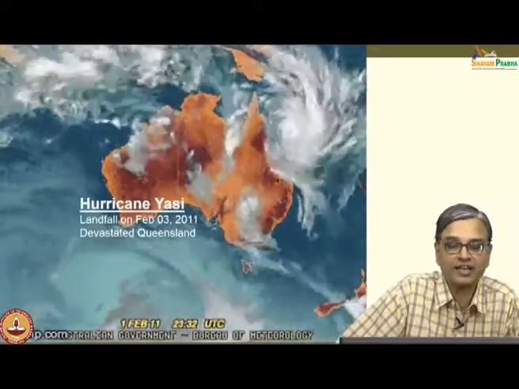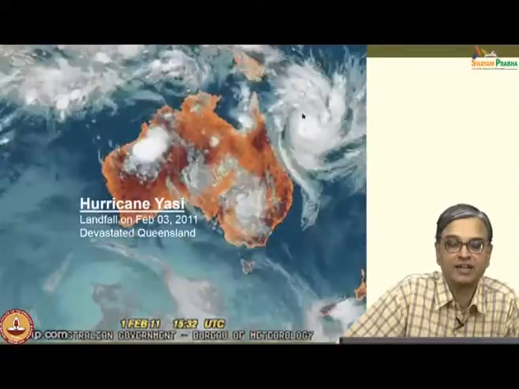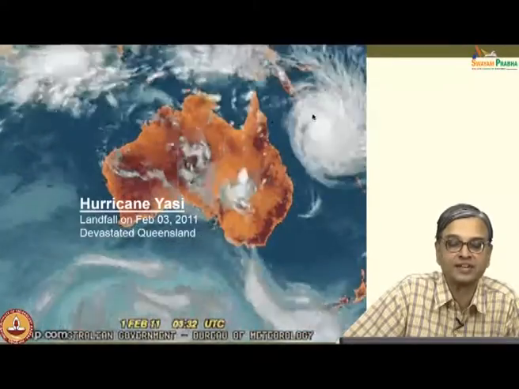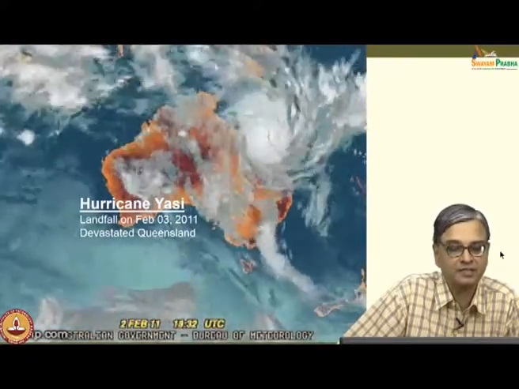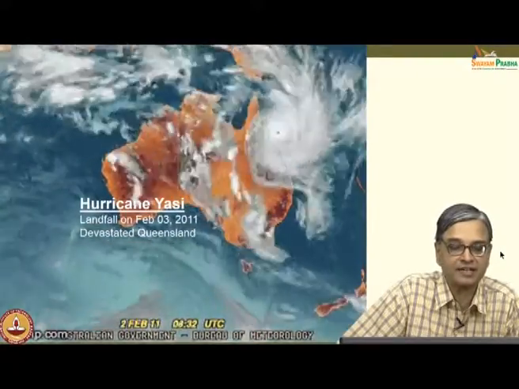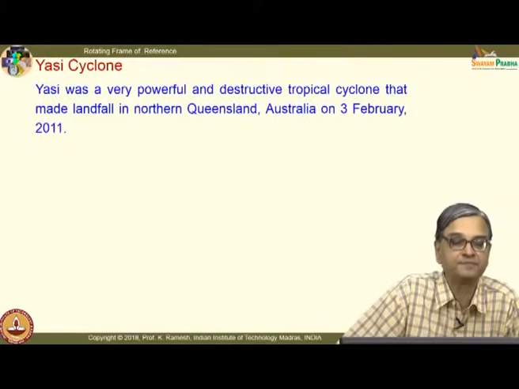It is very striking to see that this cyclone is in the clockwise direction. This is again a very important cyclone, named Hurricane Yasi.